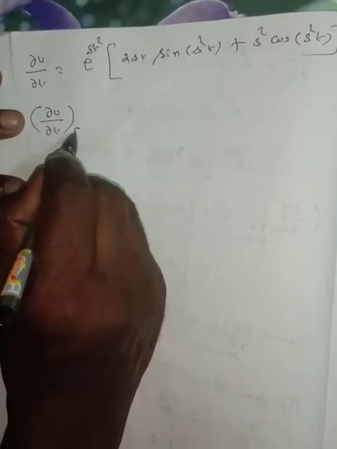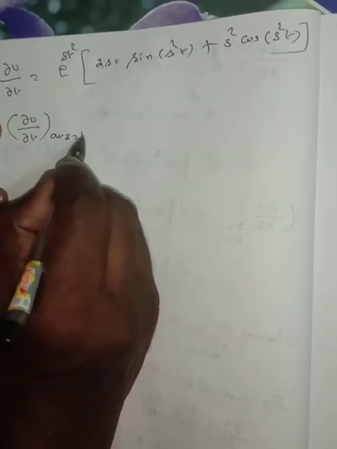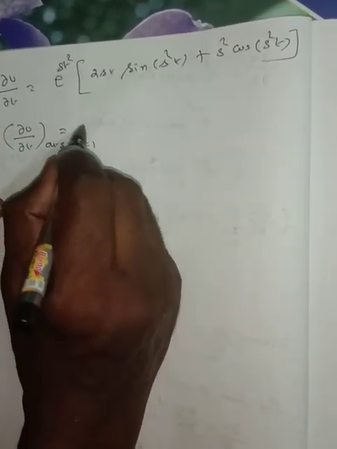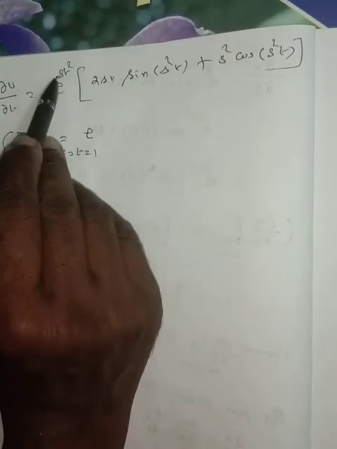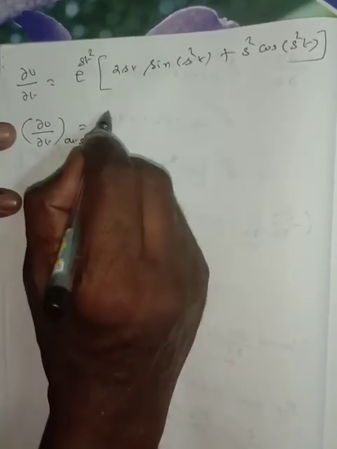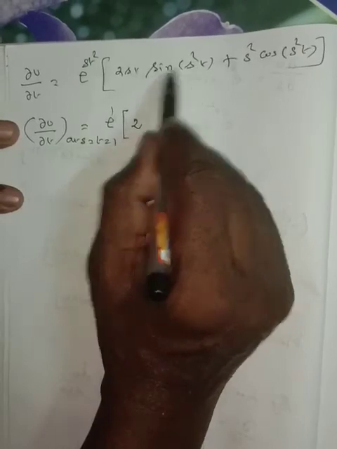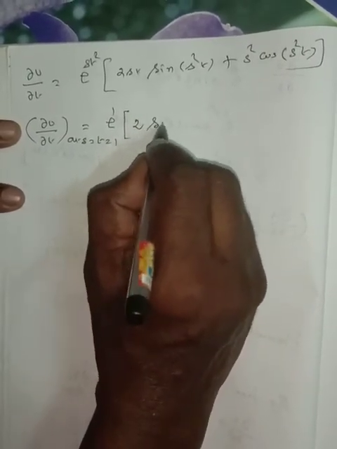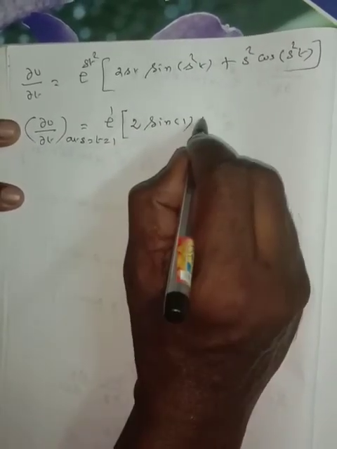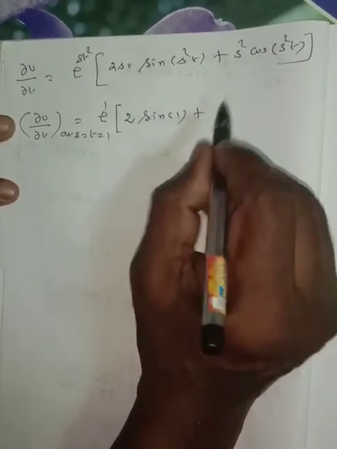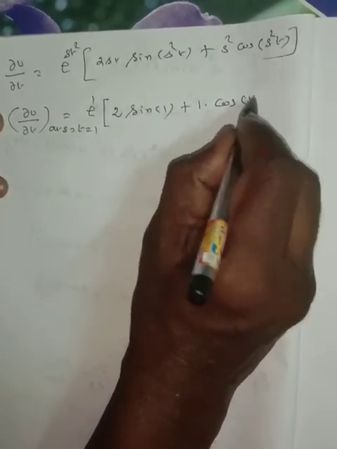Now dou u by dou t at s is equal to t is equal to 1 is e to the power of 1 into 1 square is 1, therefore e to the power of 1 bracket into sin 1 plus 1 square is 1, cos 1 into cos 1.